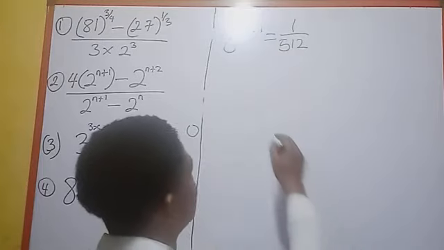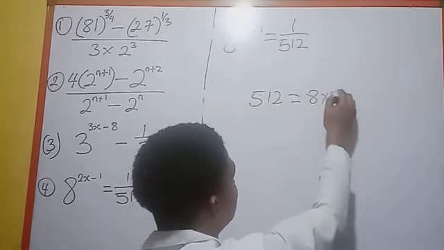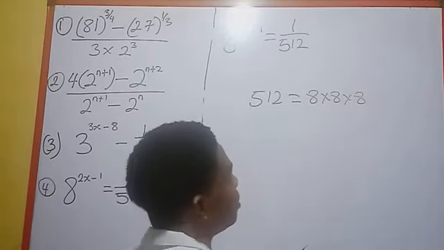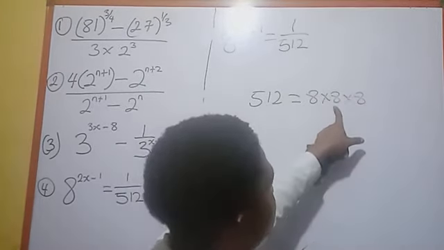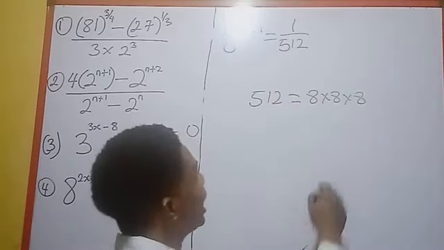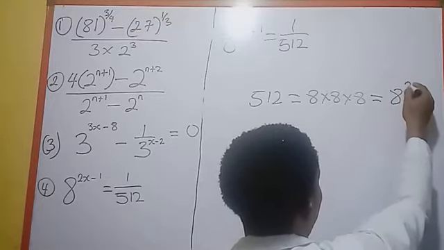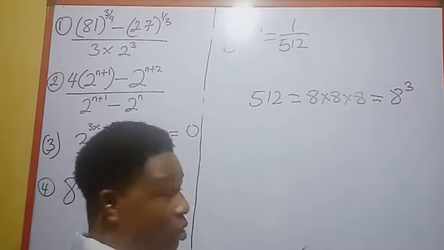How do you express that? Now, 512 is 8 times 8 times 8. 8 times 8 is 64. 64 times 8 will give you 512. So I can say 512 is 8 raised to the power what? 3. I hope that is understood.